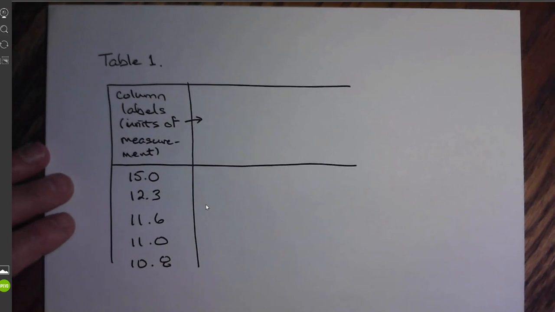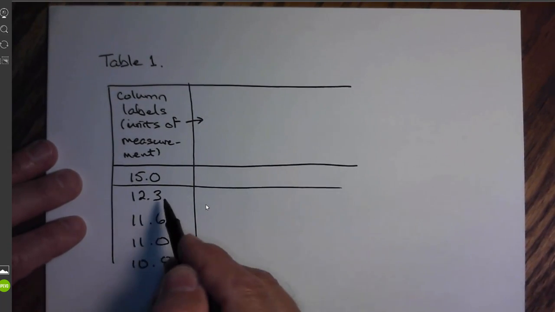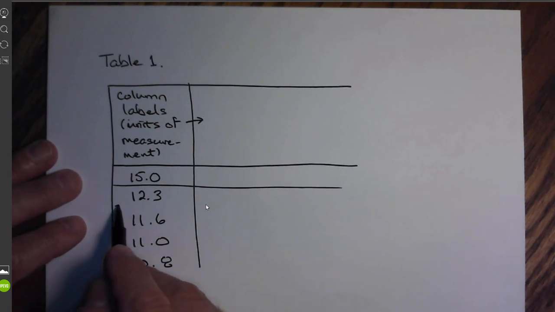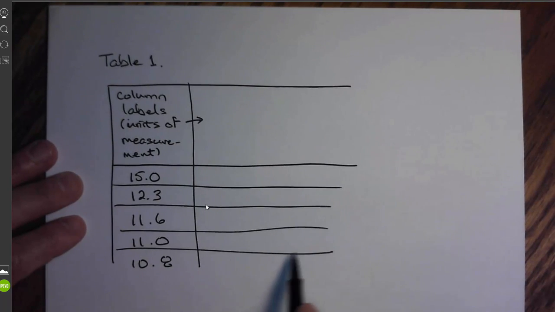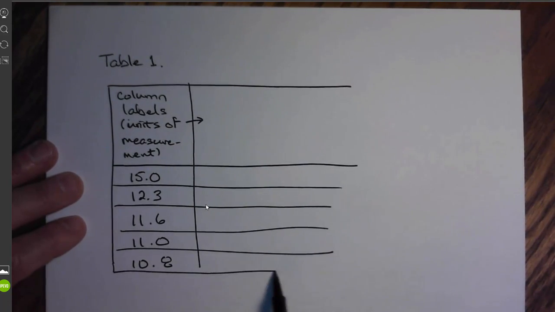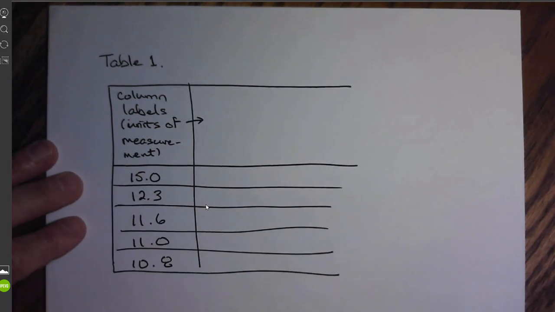Okay, so I've got these measurements. Now the units of measurement don't go in these cells. Units of measurement go up here in parentheses in the column label.